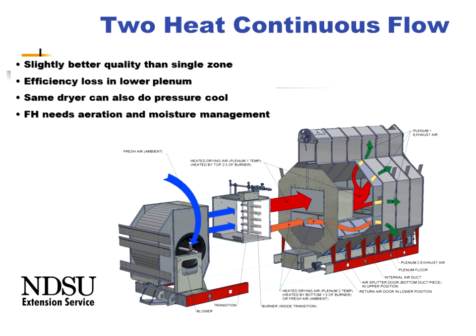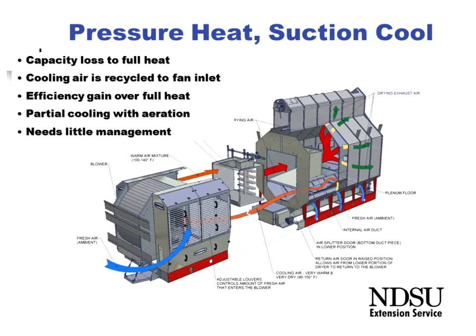But we do see a little loss in the energy efficiency because of the cooler temperature in the lower portion of that dryer. We're still dumping hot, so we still need the same attention related to aeration and moisture management in the bin as we're doing that cooling process.